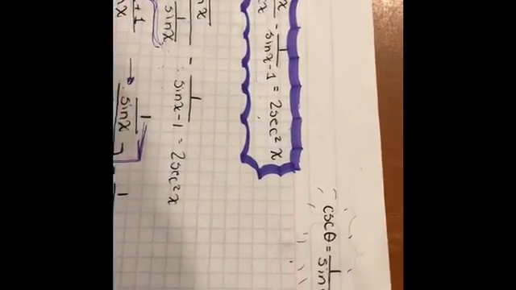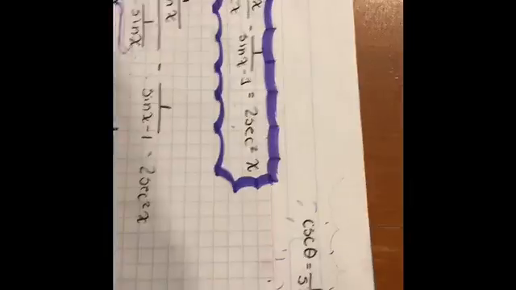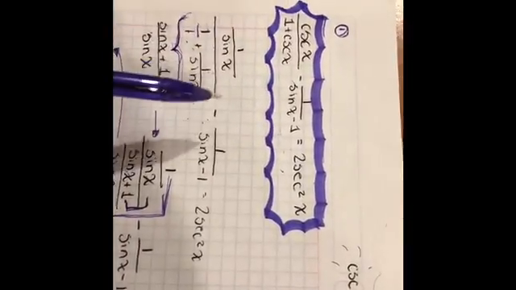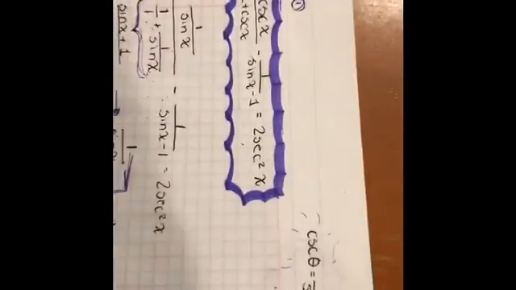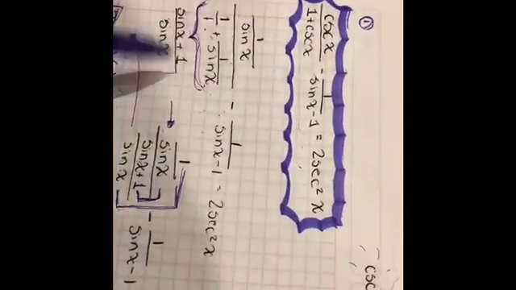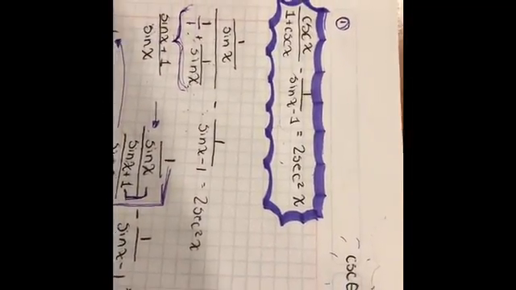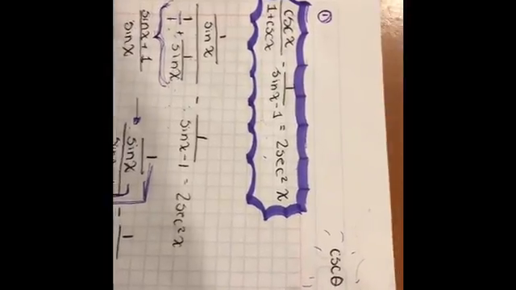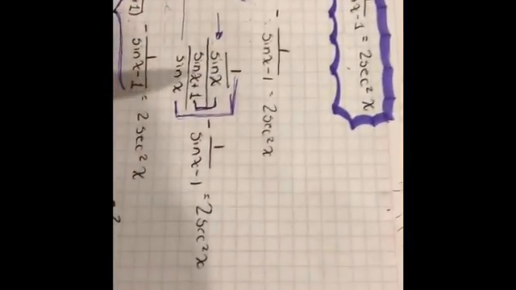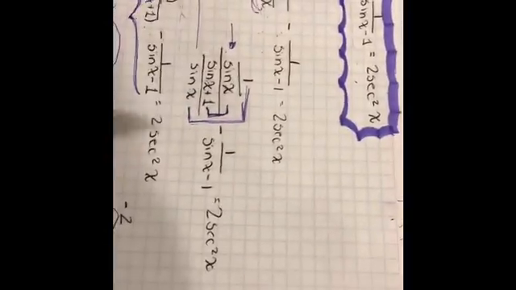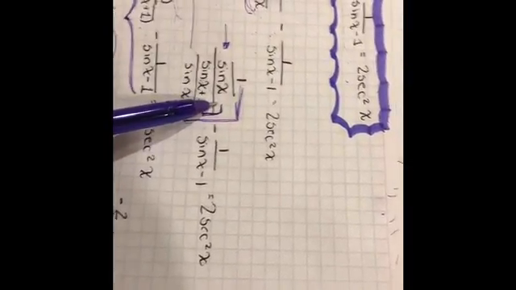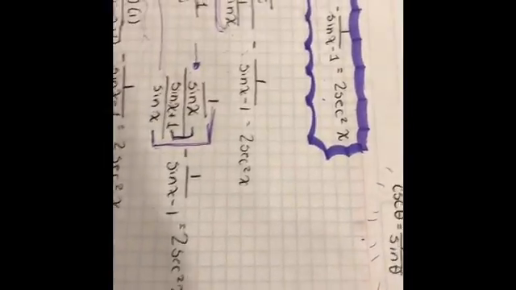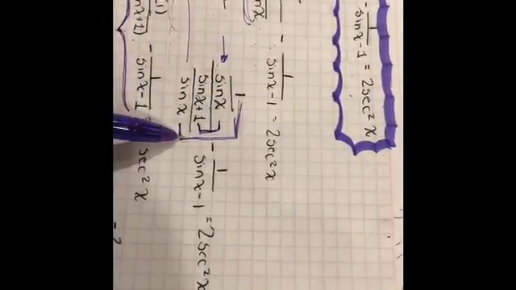Then we will have to solve the addition that is at the bottom, and it leaves us with sine of x plus 1 at the top and sine of x at the bottom. Then we write everything down again because we do not want to get confused. Now we need to solve this division.